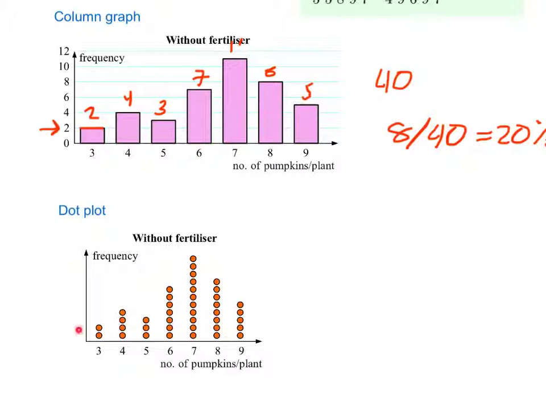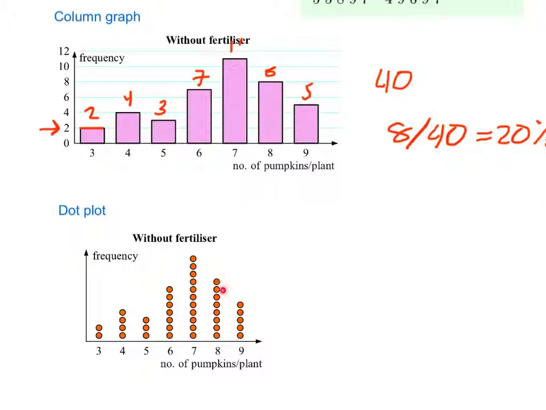But instead of listing the frequencies on the y-axis, I use dots to represent the frequency. So again, we know that there were 2 plants that produced 3 pumpkins each. And so down here, I represent that with 2 dots. This is sort of a combination of the tally frequency table and the column graph.